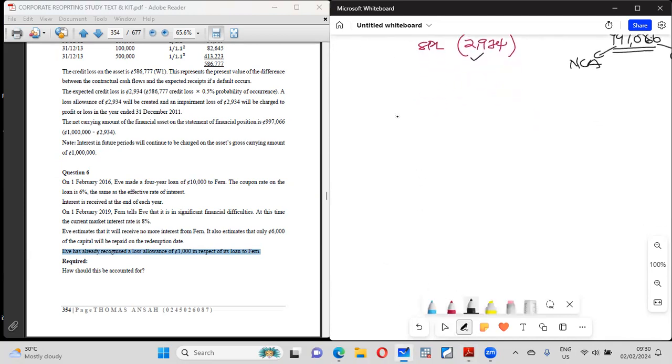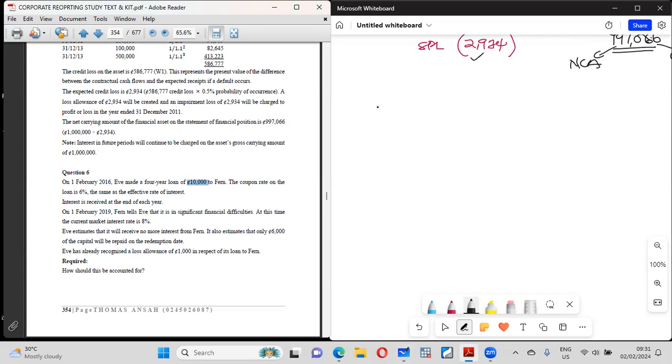So how much were they due to receive? It is a 4-year loan, and they are supposed to receive 6% of the 10,000, so 0.06 of 10,000 is 600.